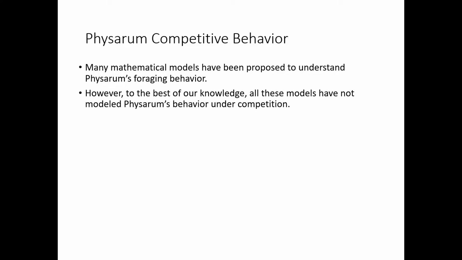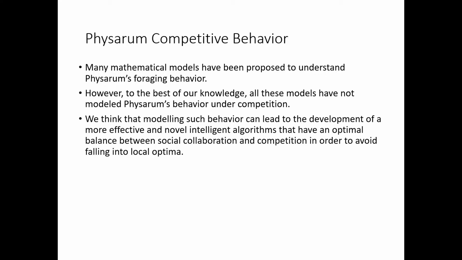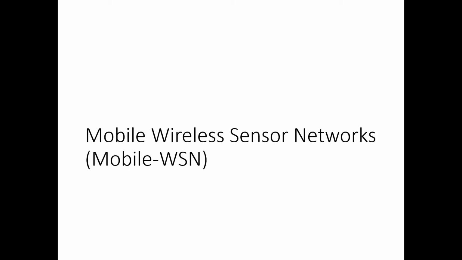However, to the best of our knowledge, none of these models has modeled Physarum behavior under competition. We think that modeling such behavior can lead to the development of more effective and novel intelligent algorithms that have an optimal balance between social cooperation on one side and competition on the other side. This may avoid falling into local optima.